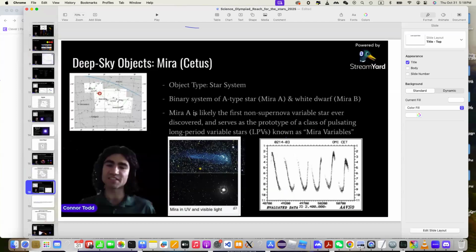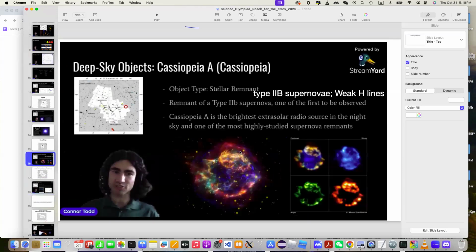Okay, next is Mira, and this is a star. If it is a star, it does not have very prominent remnant features that you can resolve, because it is very big.